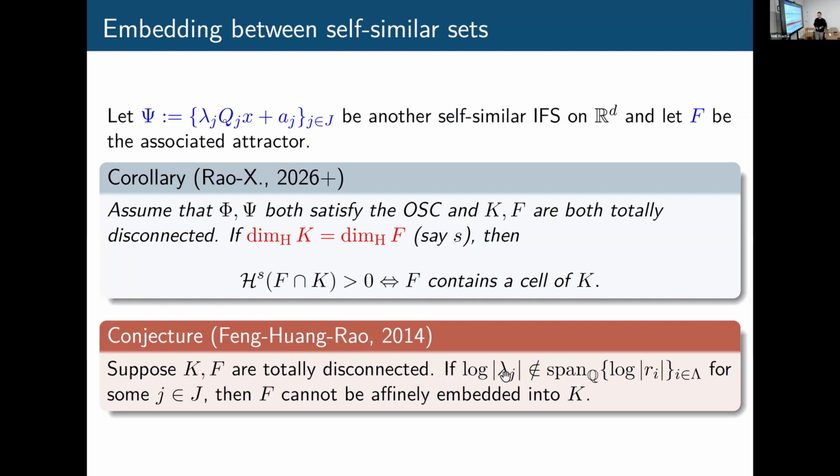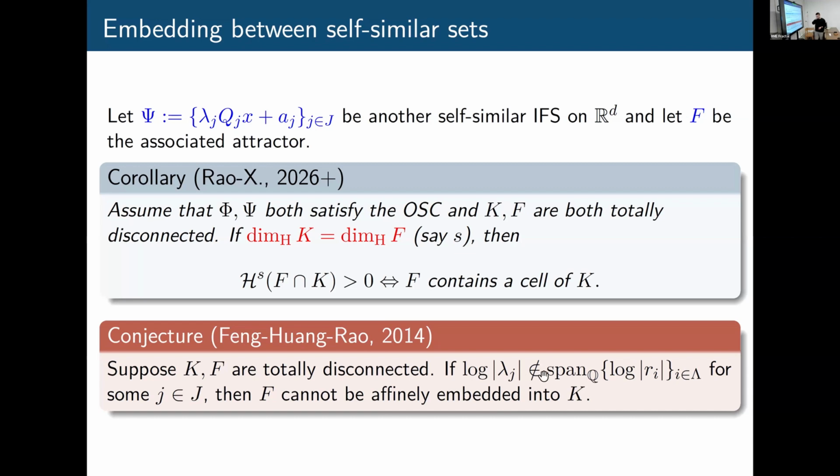But if one of the contraction ratios in the second system is not a rational linear combination of the logarithms of ratios in the first system, that is, roughly speaking, the logarithmic commensurability does not hold, then you can never embed the second one into the first one.